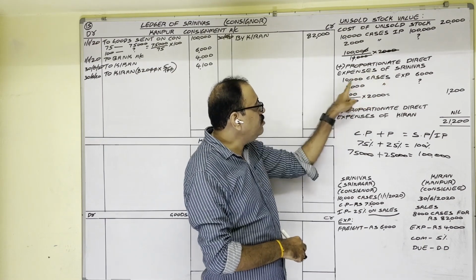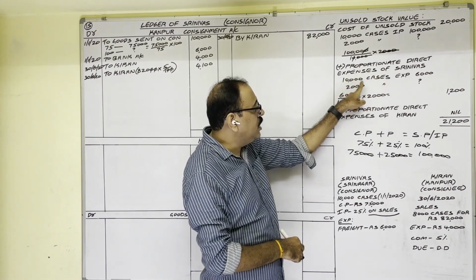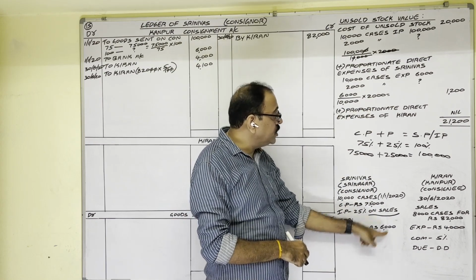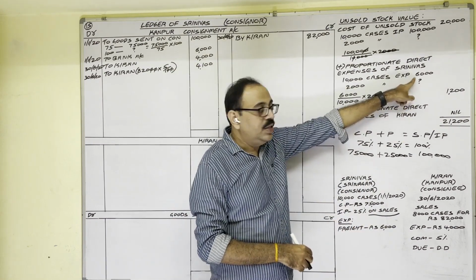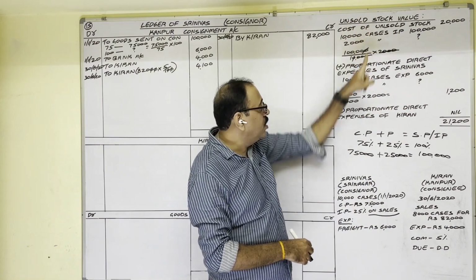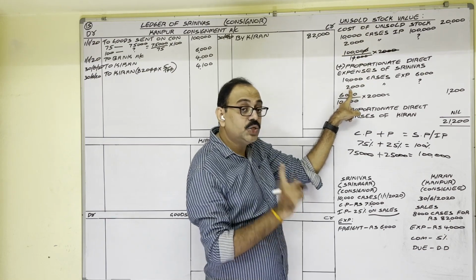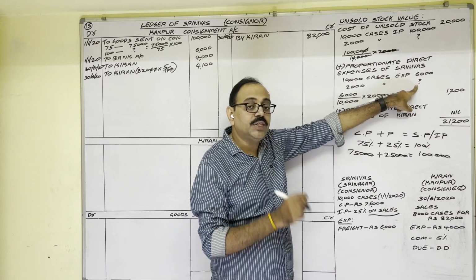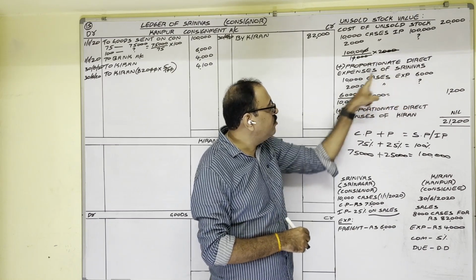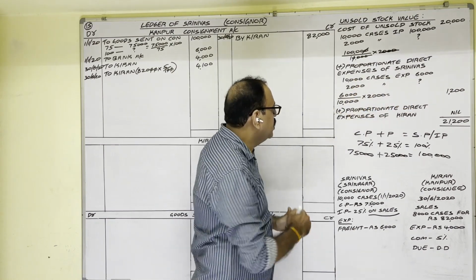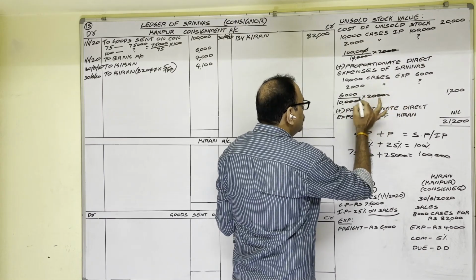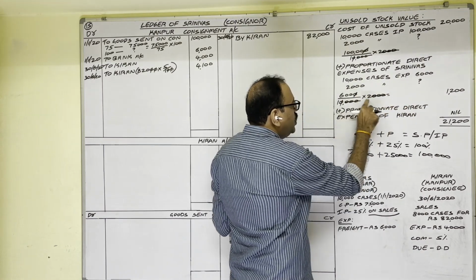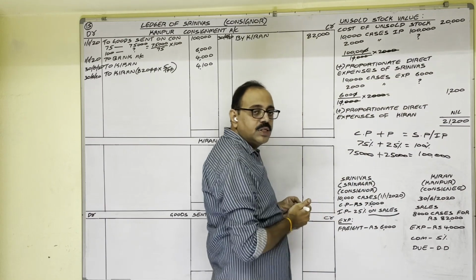Then how it comes? On 10,000 cases, consignor expenditure is 6,000. Then unsold stock value we are calculating. Unsold stock in quantity is 2,000 cases. On 2,000 cases, consignor expenditure how much? 6,000 divided by 10,000 into 2,000. 600 into 2, 1,200 rupees.